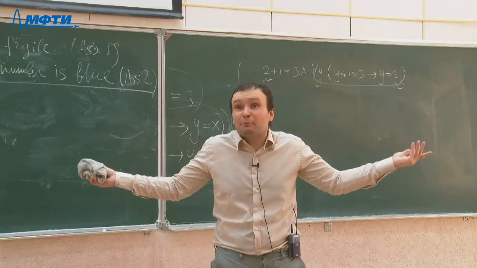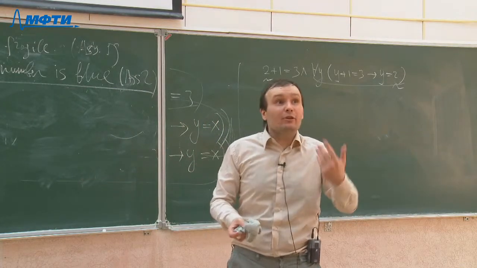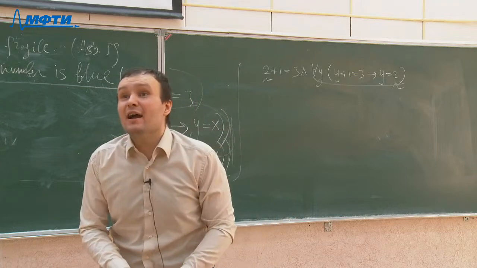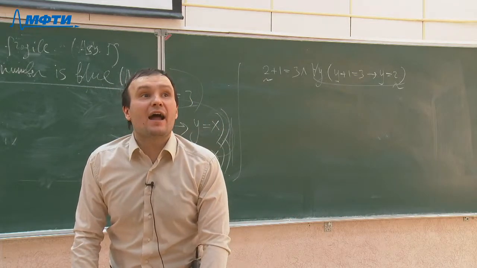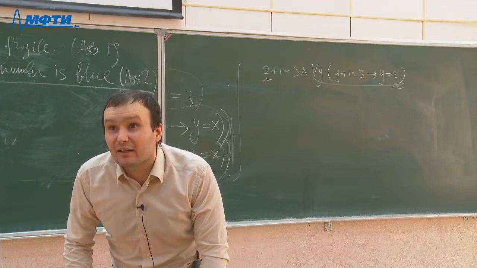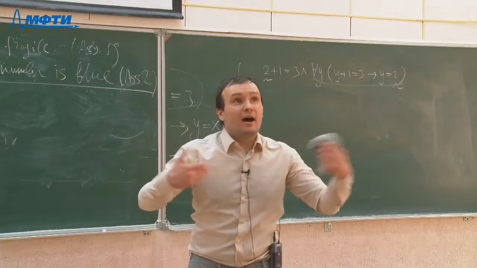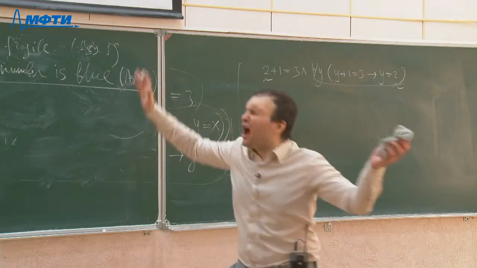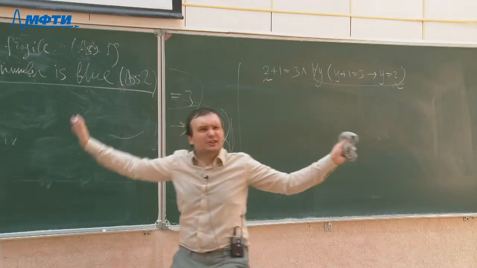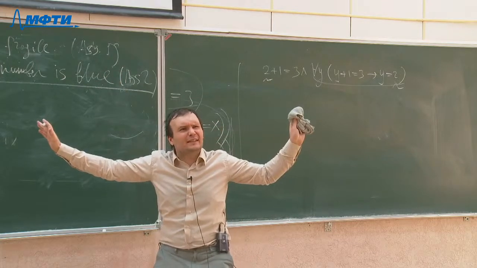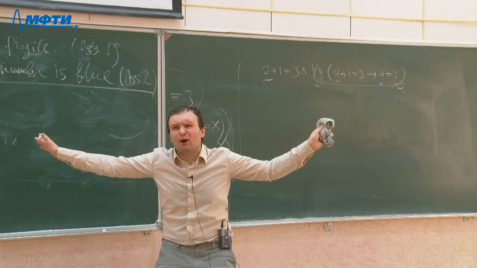It's some abstract property. Why do I use abstract properties? Why don't I say every number is even? Because then you would say, no, professor, that's not true. Not every number is even. This assumption is false.